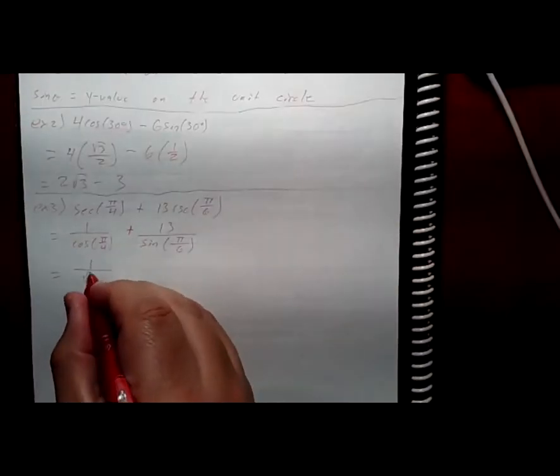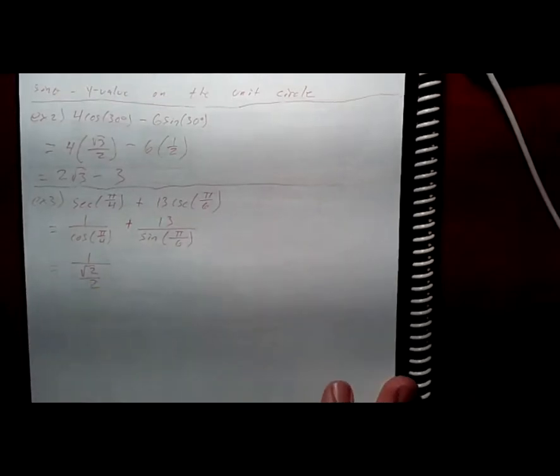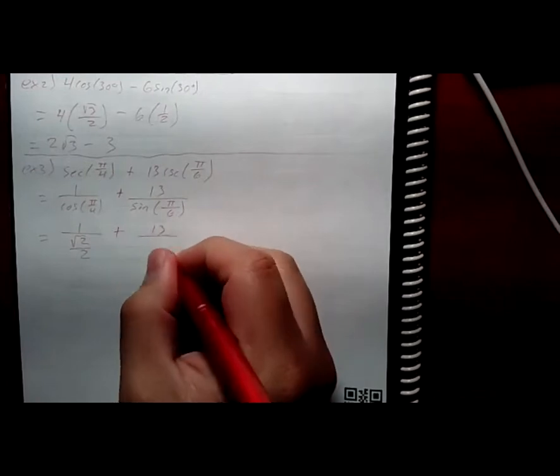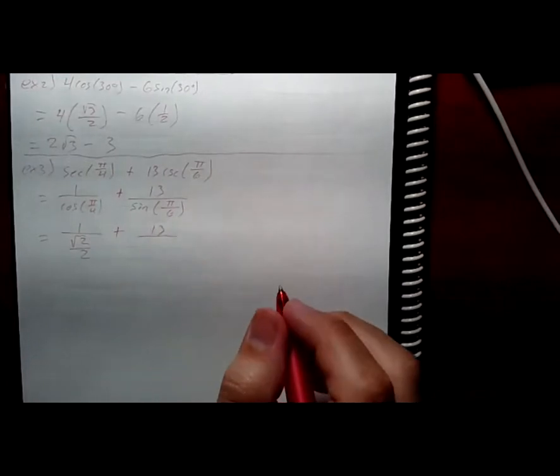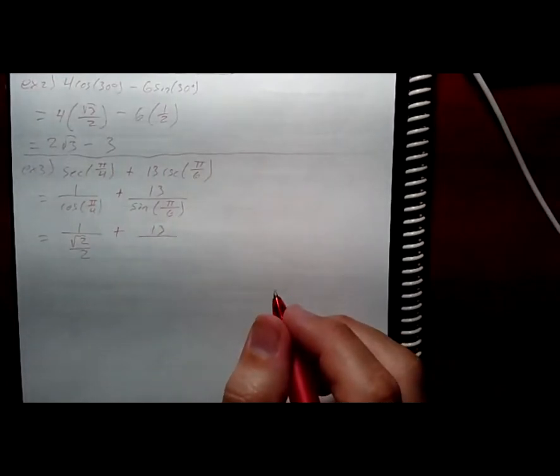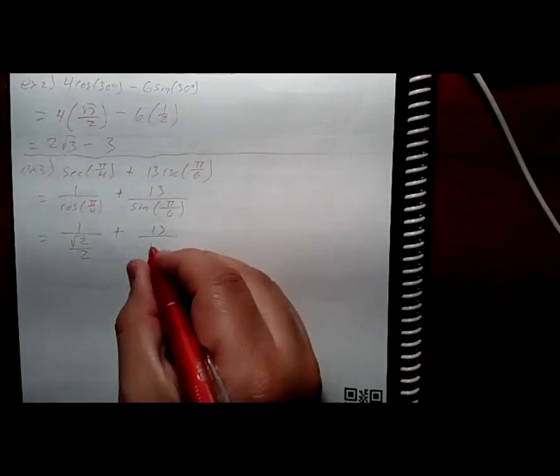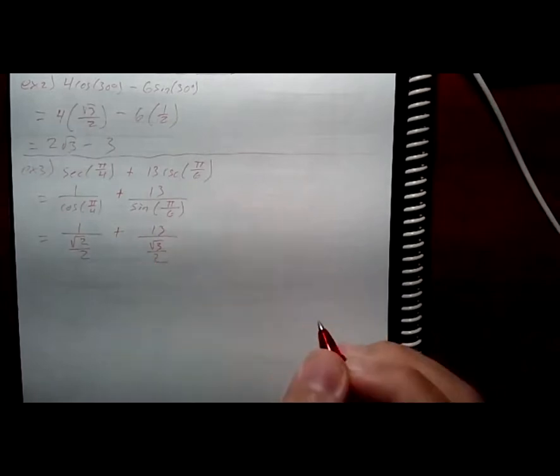So square root 2 over 2 goes right there. Plus 13 over, we said 1 square root 3, right? Yeah. So just plug them in from the circle.